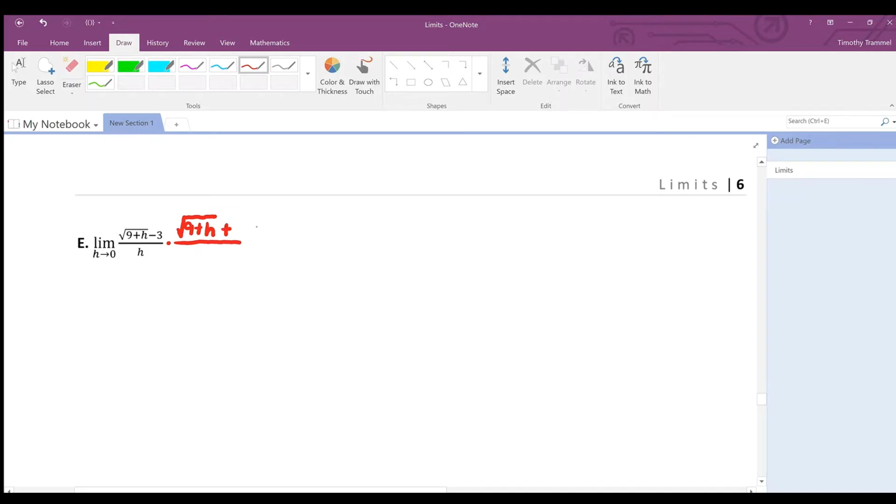So instead of minus 3, it's going to be plus 3. And again, this is called the conjugate, what we've multiplied the numerator and denominator by.